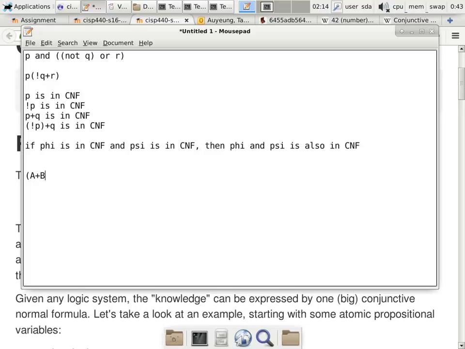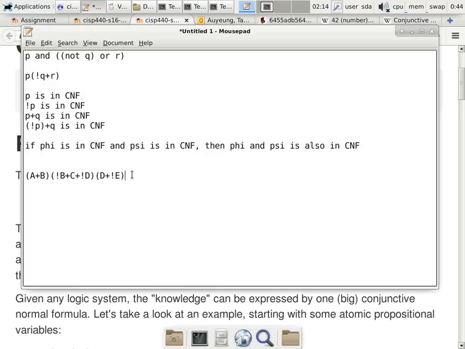This is A or B, and not B or C or not D, and E or not E. I think I got this right. The rule of inference of resolution basically says if you see two of these expressions, and one has a variable and the other one has the negation of the very same variable, you can cancel those two and then keep the rest.